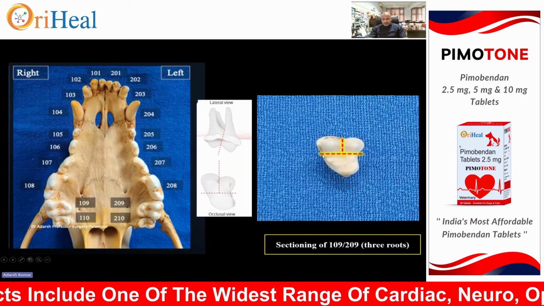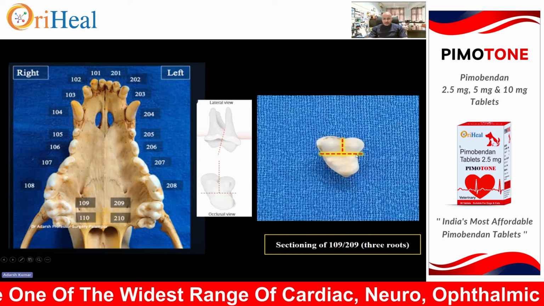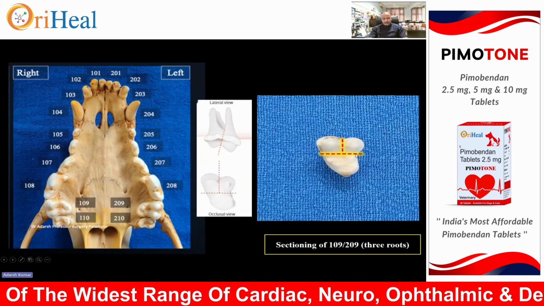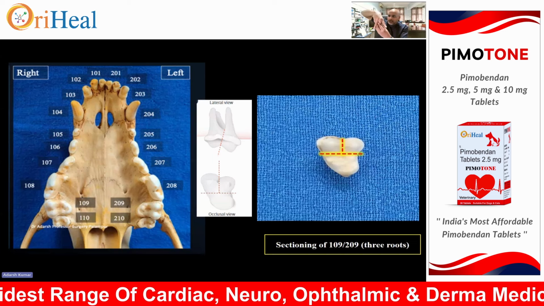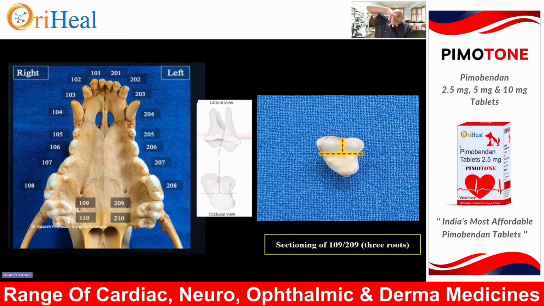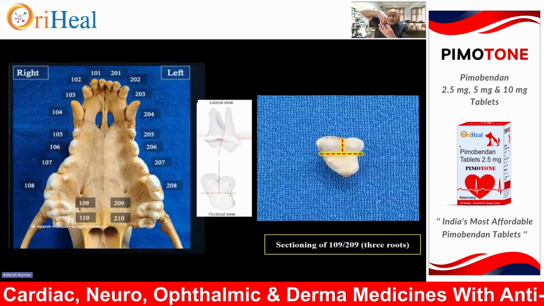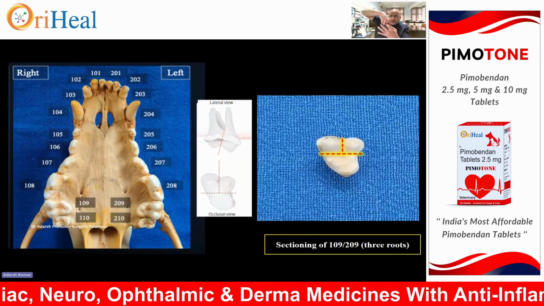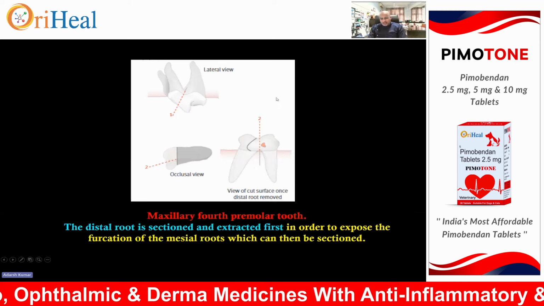And then from here, the third root is being separated. So the tooth is like this. So one root you separate from here. These two roots, the mesial and the distal, can be separated, and this coronal is again separated and taken out.